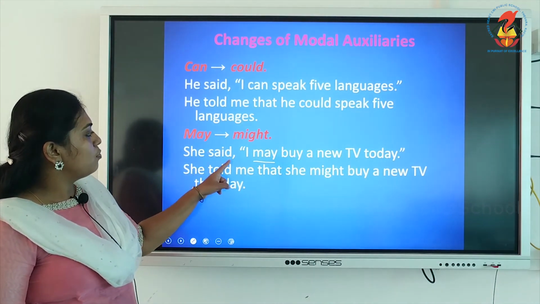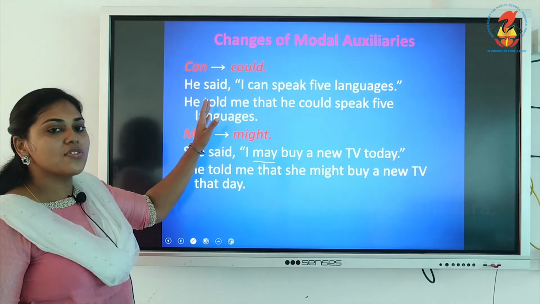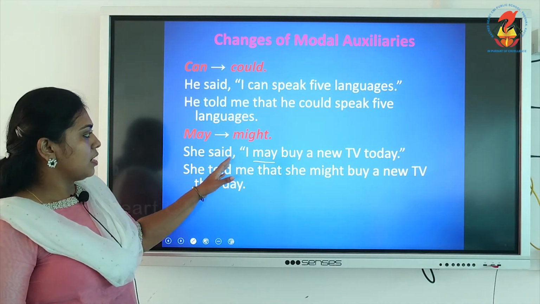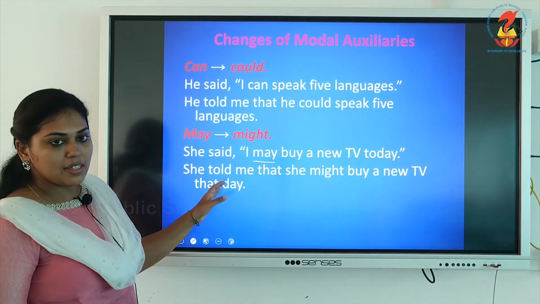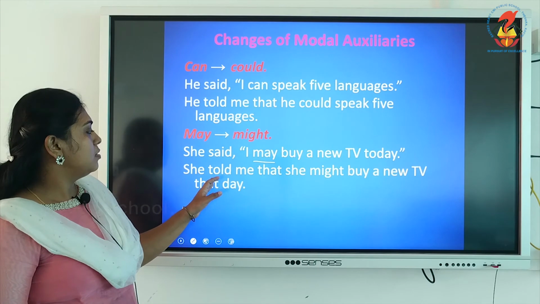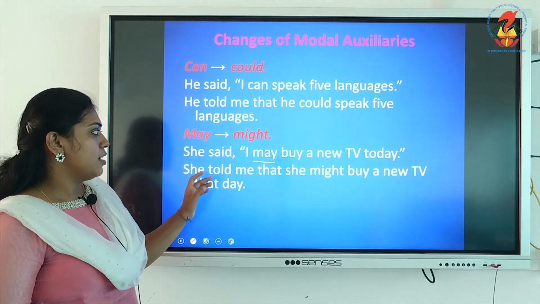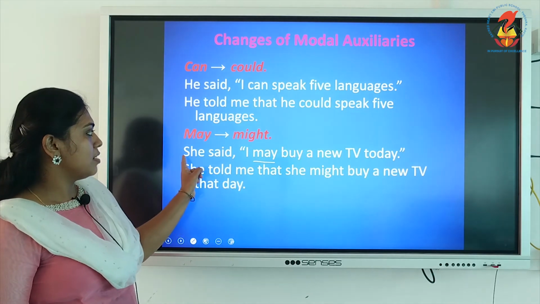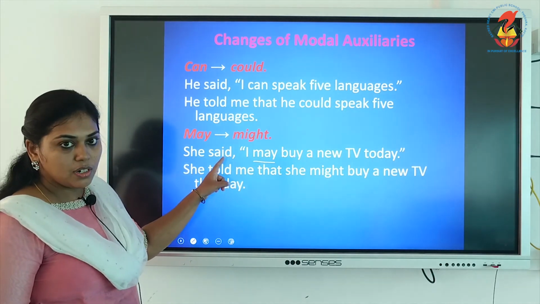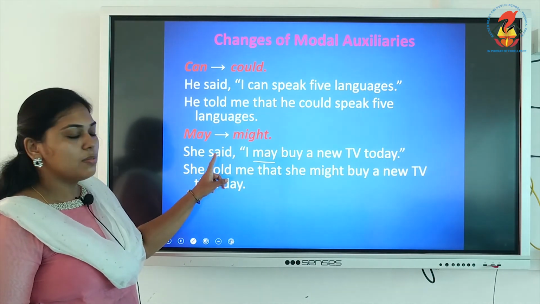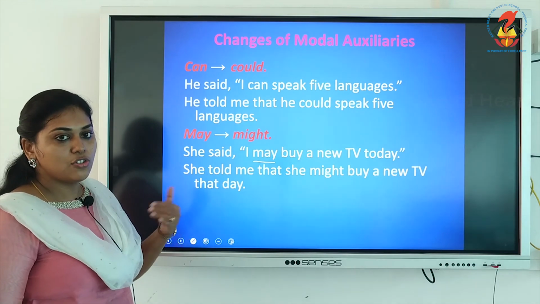See, when the object is not mentioned, it is understood that it is said to me. Okay. So the object is me there. So you can bring out that change in the sentence. If the pronoun is I and the object is not mentioned next to the reporting verb, then you have to understand that it is said to me.